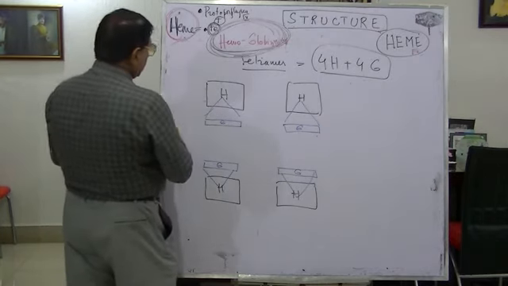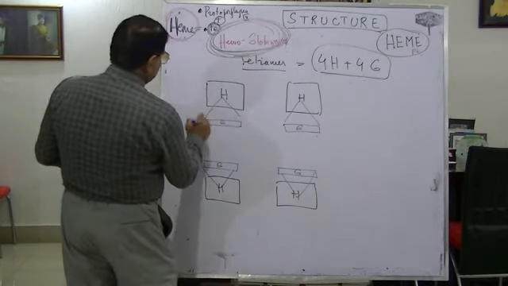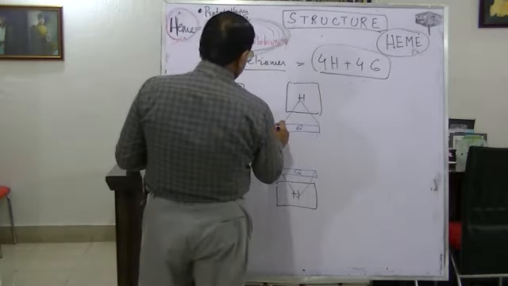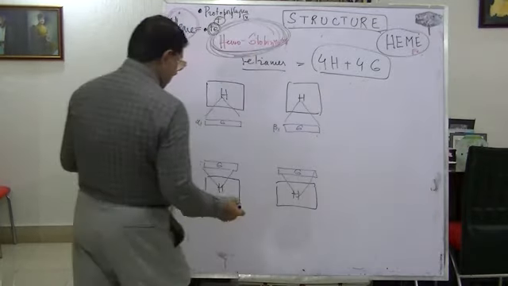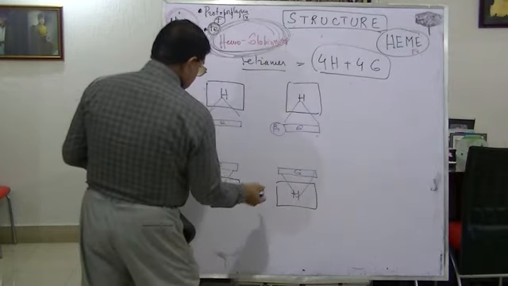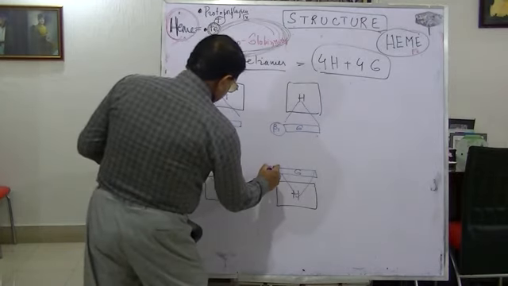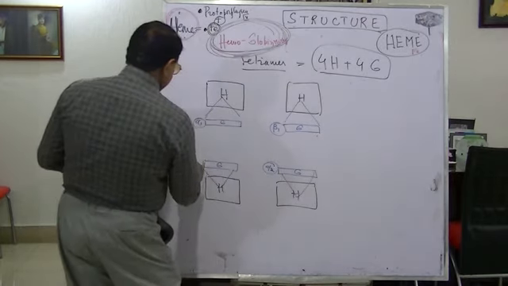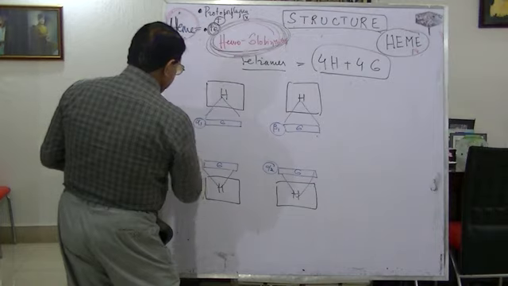Now, this is, say, alpha 1 globin, this is beta 1 globin, alright? Well, this is, say, alpha 2 globin, and this one is beta 2 globin.